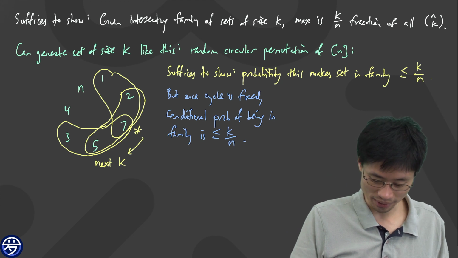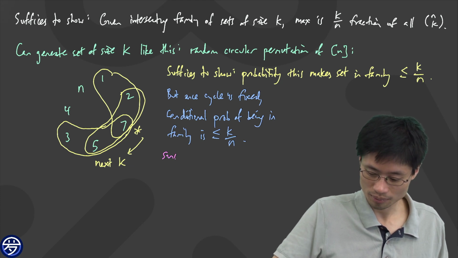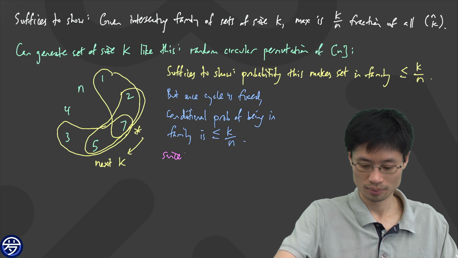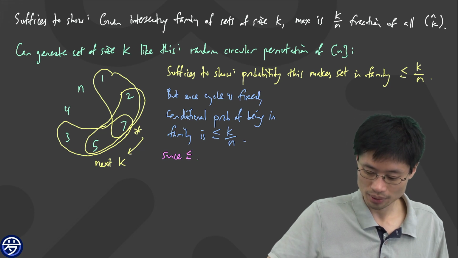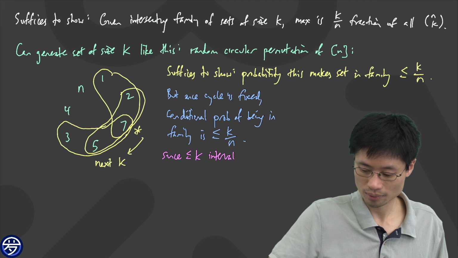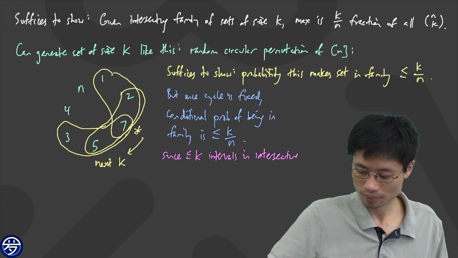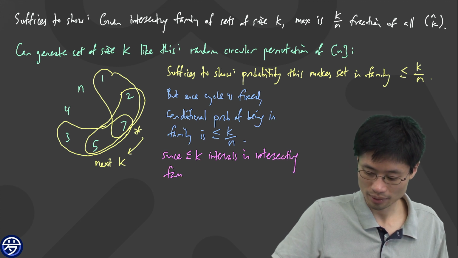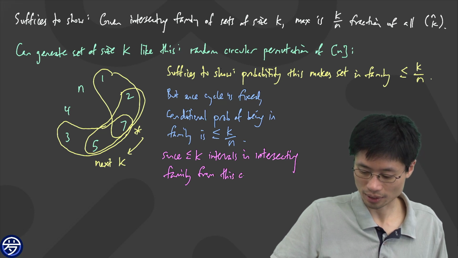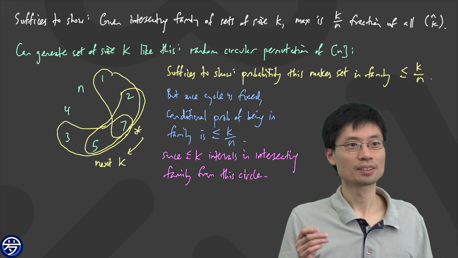So what I'll say here is, since there are at most k intervals in the intersecting family from this circle. Does that make sense?